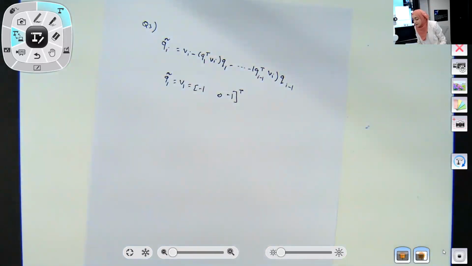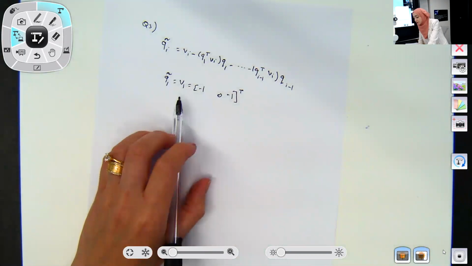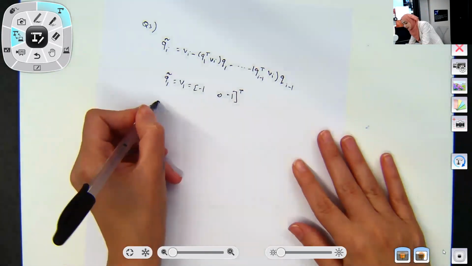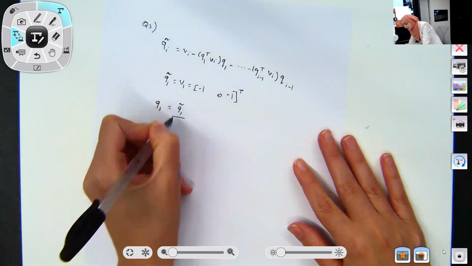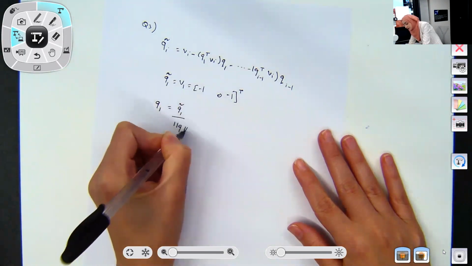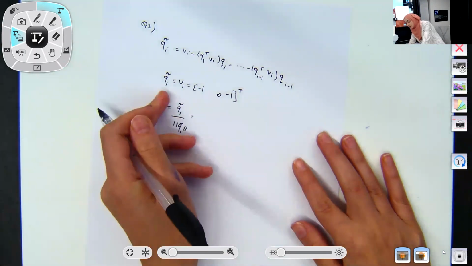We need to find the value of Q1. To find the value of Q1, we need to divide each term in Q1 tilde by the norm of Q1 tilde. So Q1 is equal to Q1 tilde divided by the norm of Q1 tilde. So we need to find the norm of Q1 tilde.